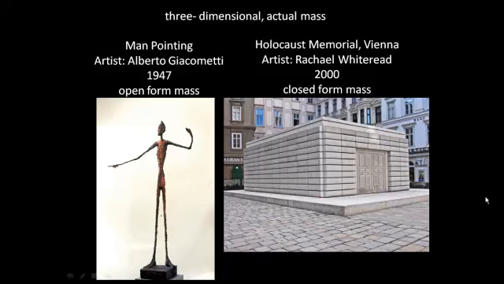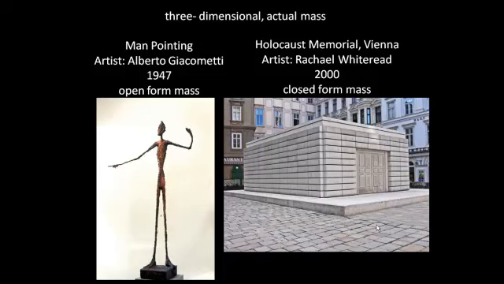Now, we can and should be more specific in the type of mass that we're seeing beyond actual mass. Open form mass and closed form mass. Now, the good news is that these terms are descriptive, so they shouldn't be too hard to wrap our brains around. Right here on the right, we have an example of closed form mass that's closed in on itself.